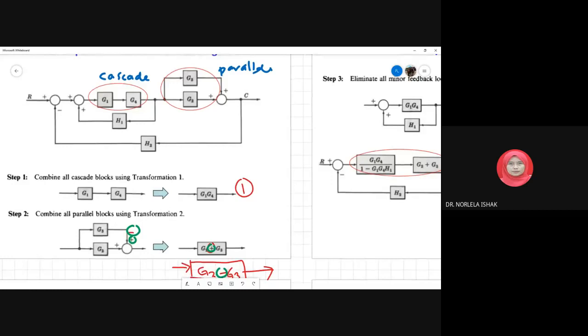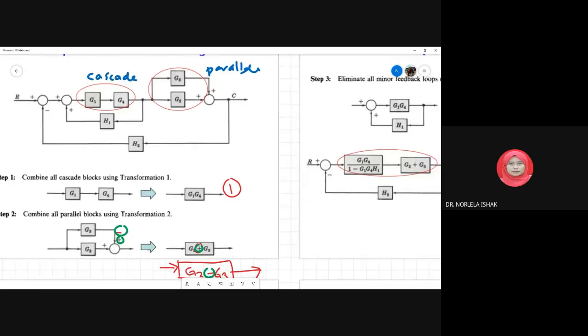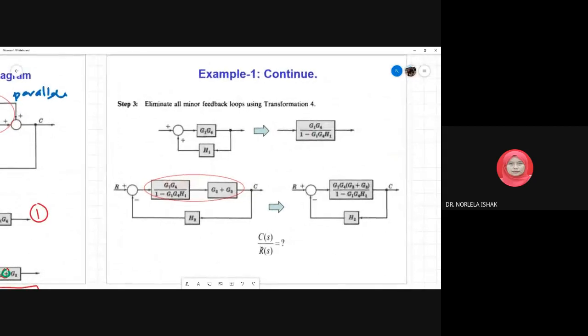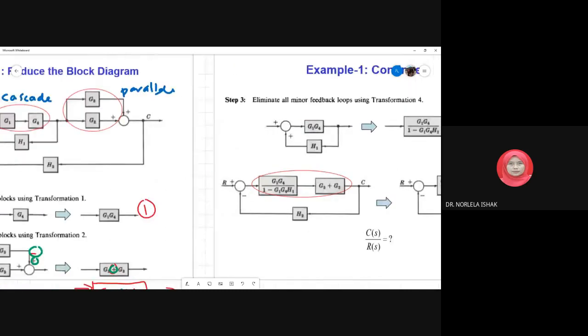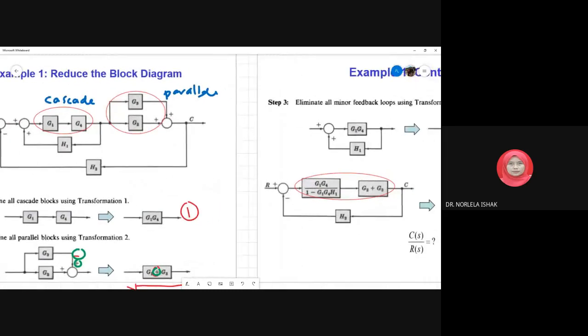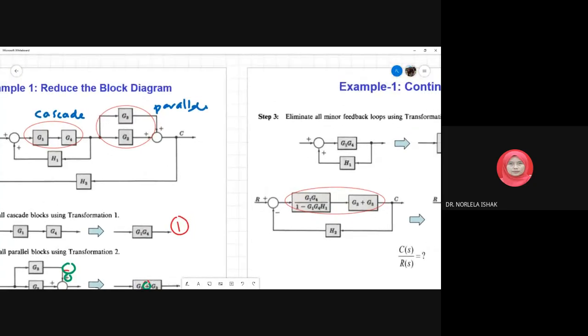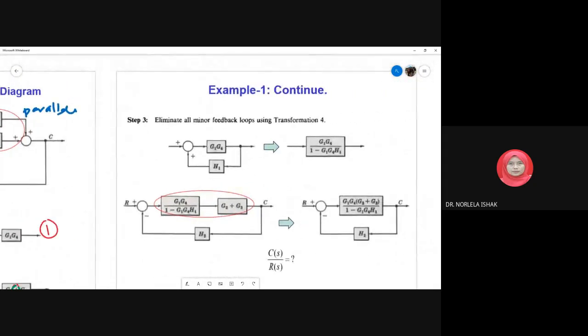Now we finish step 1 and step 2. You redraw back into the system. Okay, we draw back so you can get this one.